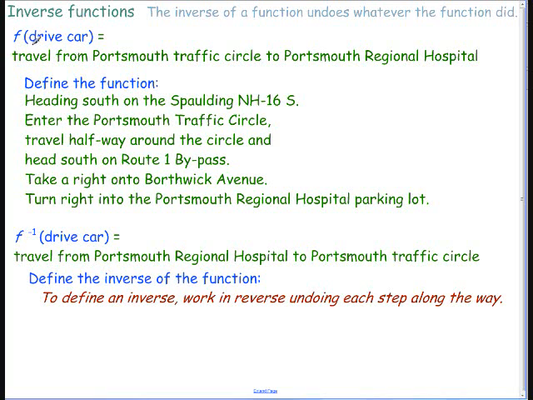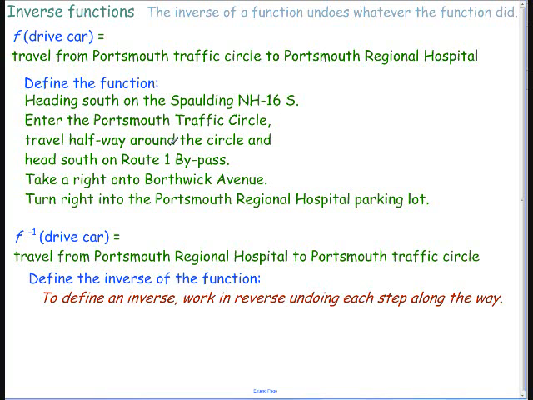Let's say I drive from the Portsmouth traffic circle to the Portsmouth Regional Hospital. We're mostly familiar with this, aren't we? We'd be heading south on the Spalding. I live in Rochester, so I'm already heading south on the Spalding. I enter the Portsmouth traffic circle.